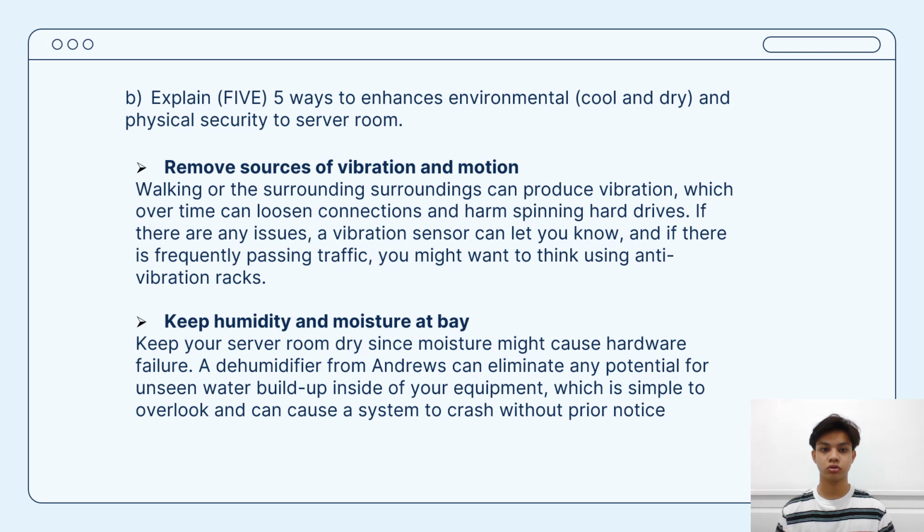Walking or the surroundings can produce vibrations, which over time can loosen connections and harm spinning hard drives. If there are any issues, a vibration sensor can let you know, and if there is frequent passing traffic, you might want to think about using anti-vibration racks.